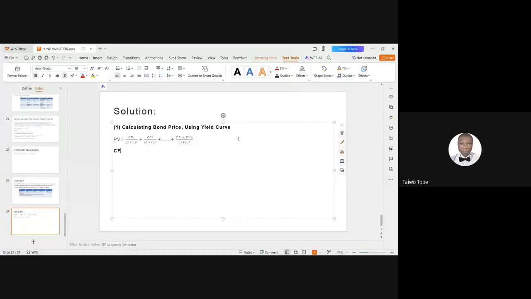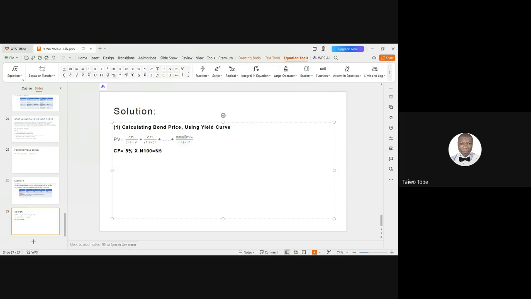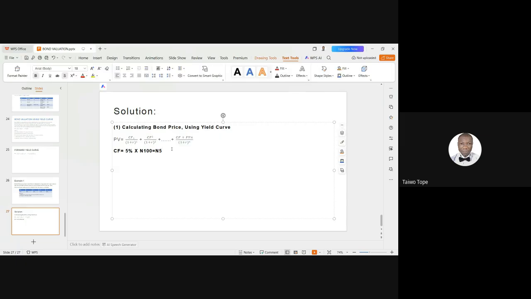So your CF, based on the question, will be 5% of what? 5 naira. Good. Now, what will be your interest payment plus face value of the bond at maturity? That is this point here, CF plus FVN. It will be 105.